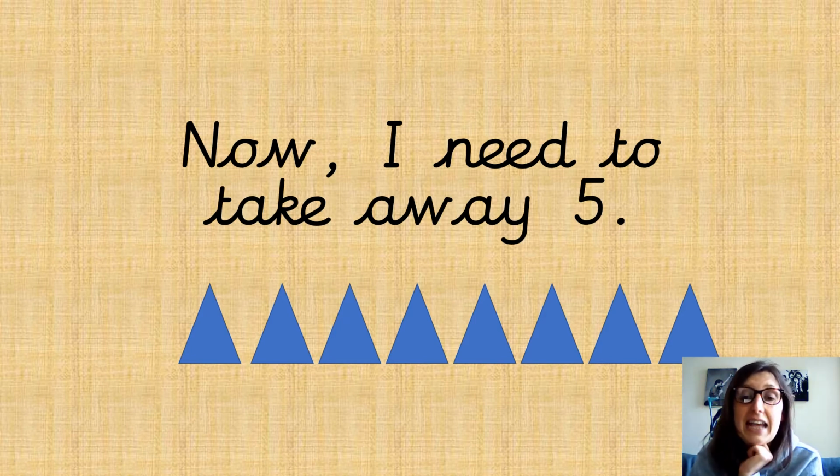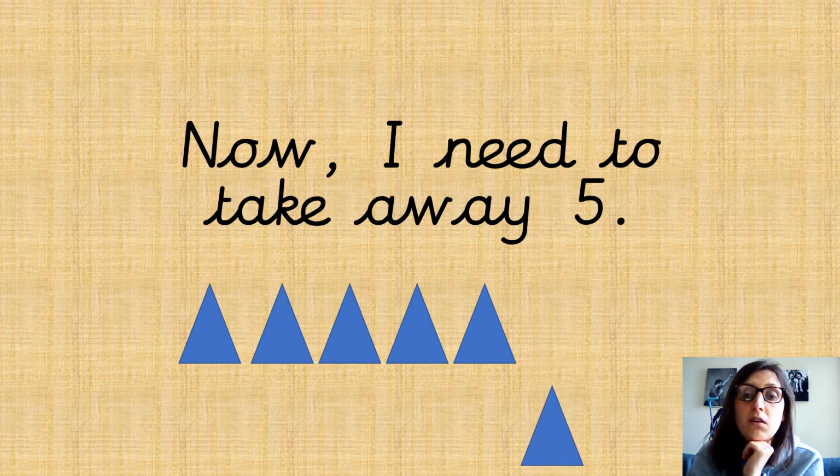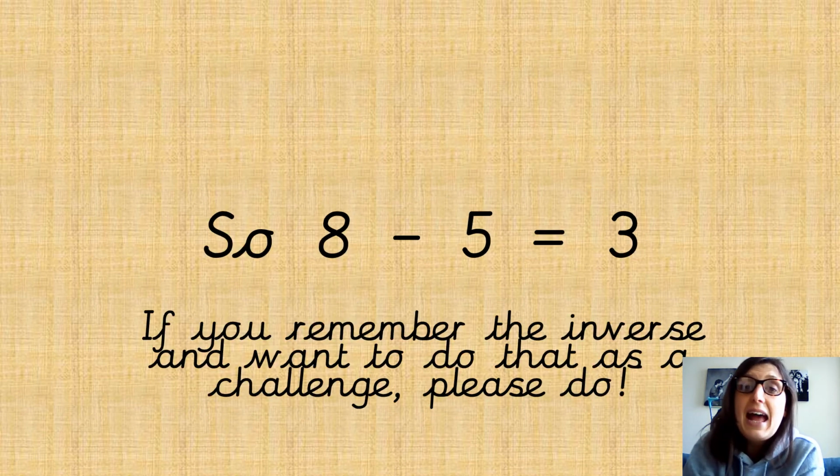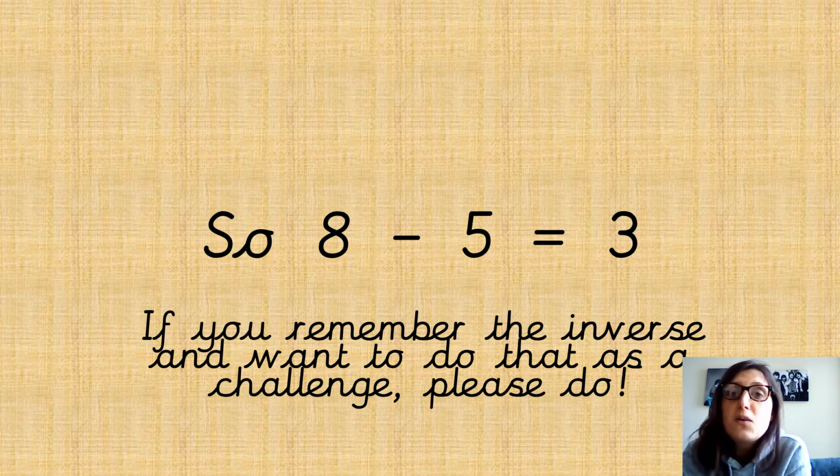You'll have your objects and you can take away 1, 2, 3, 4, 5. How many are left? I can see 1, 2, 3. So 8 take away 5 equals 3.